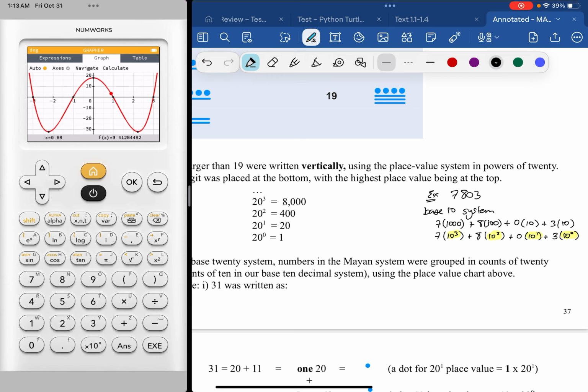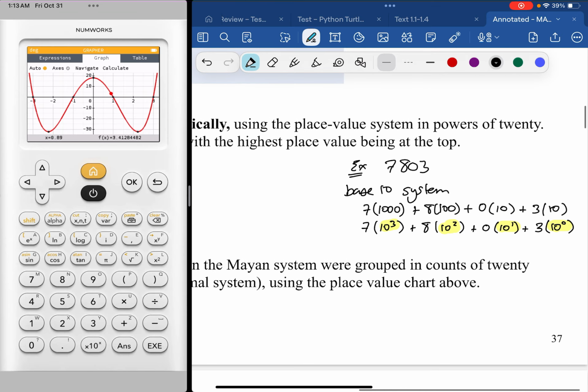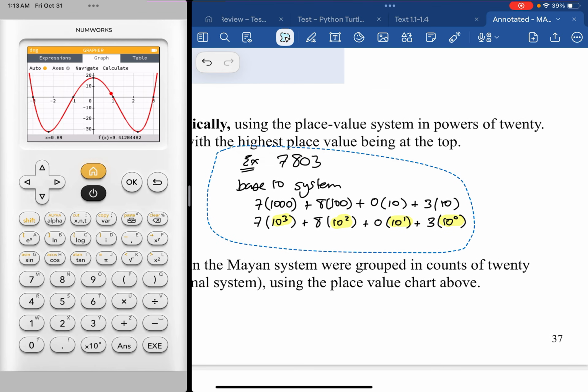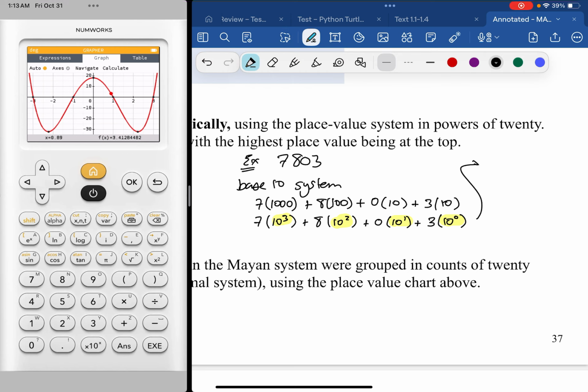All right. So if I were to write this in a base 10 system vertically, I might do it as 7 times 10 to the third, 8 times 10 to the second, 0 times 10 to the first, and 3 times 10 to the zeroth.